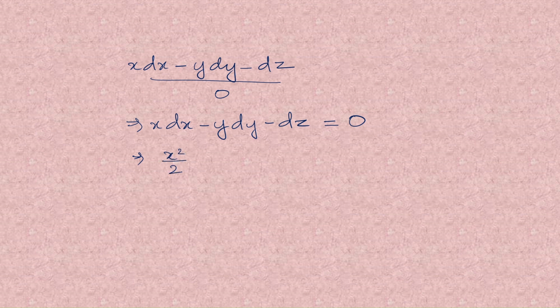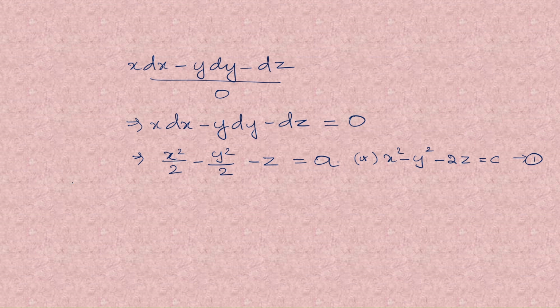So it becomes x square by 2 minus y square by 2 minus z is equal to 0. Not 0 but some constant a. If we want to take the LCM as 2, we can have x square minus y square minus 2z is equal to 2a, and 2a we can take as some c. Okay, so this is the first solution.